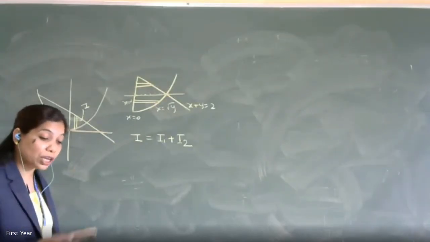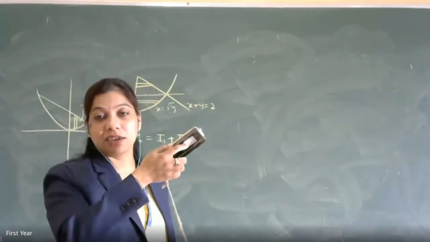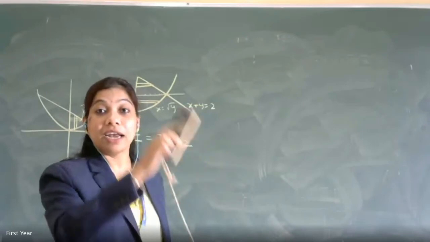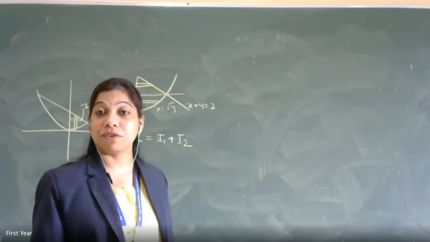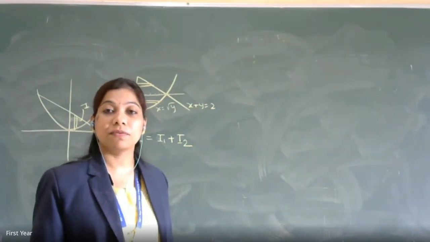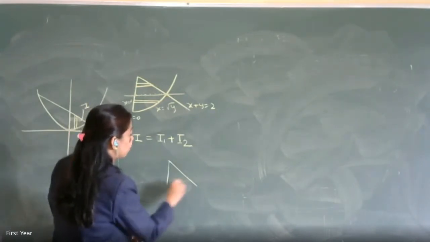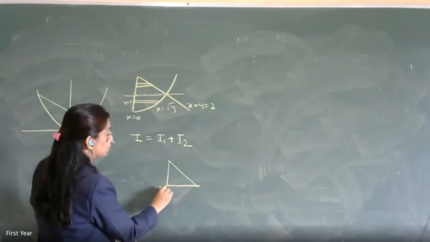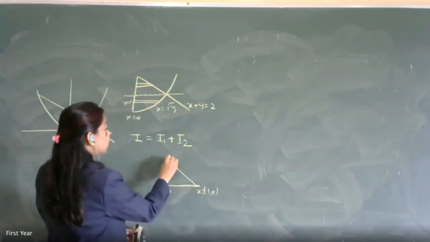If you are taking only the constant limits, it's a line integral. The difference is between the area and the line integral, that is, surface area and line integral. Do you understand what I'm saying? No, ma'am. See, when you say you are taking only the limits of the points, this is x is equal to 0, this point is 1 comma 0, this is 0 comma 1.